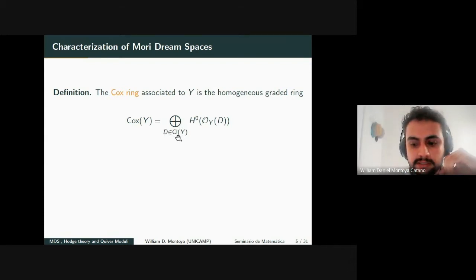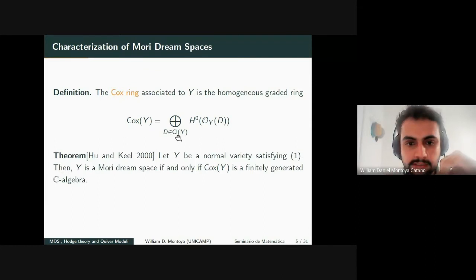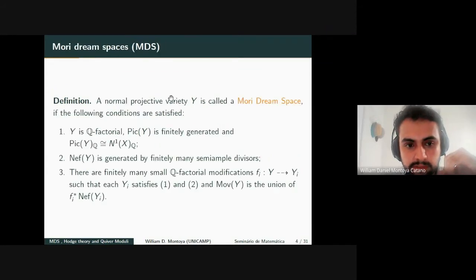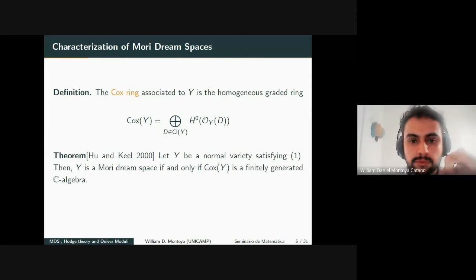Okay, and these authors were able to characterize Mori dream spaces: when the variety is normal, this ring is finitely generated as a C-algebra. It also satisfies this technical condition, which is somehow saying that the Picard group is finitely generated, because if the Picard group is not finitely generated, you cannot expect this to be finitely generated. So let me come back to the first condition. Is this one, the Picard group being finitely generated? And if this ring, the Cox ring, is finitely generated, you are dealing with a Mori dream space.